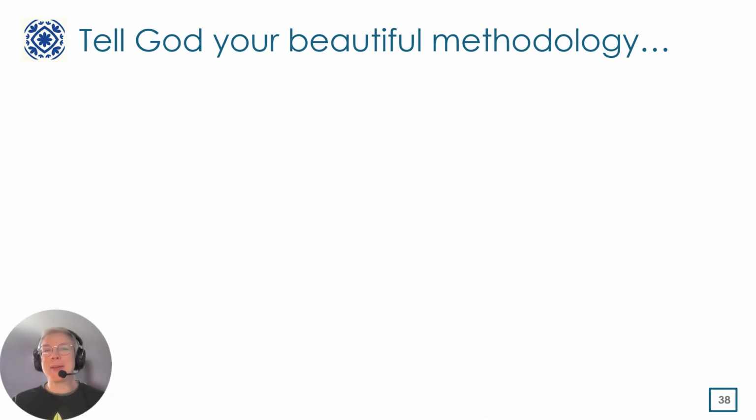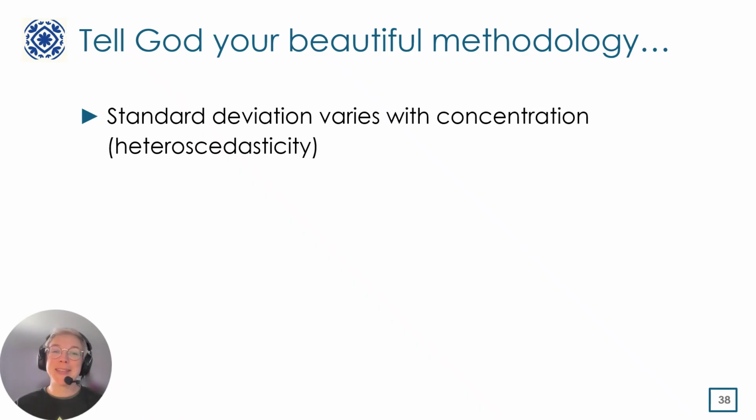But what's that saying again? If you want to make God laugh, tell him your beautiful methodology and he will mess that up. Turns out there are two complicating factors, at least in LCMS methods. First, when I presented the calculation approach, I very casually said, let's assume the standard deviation of the signal is stable. Well, guess what? Of course it isn't. It typically varies with concentration.